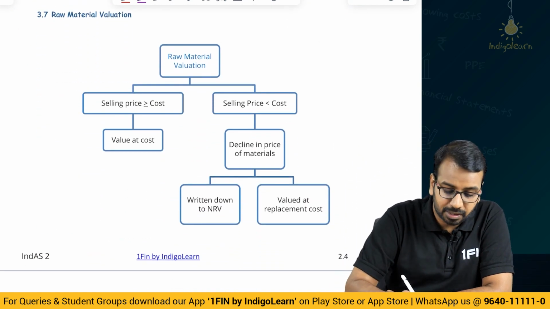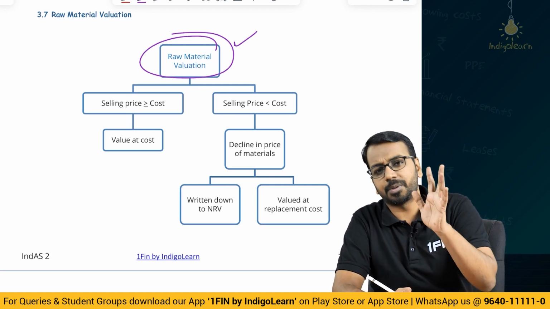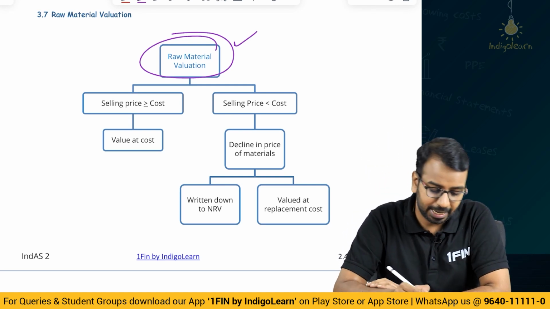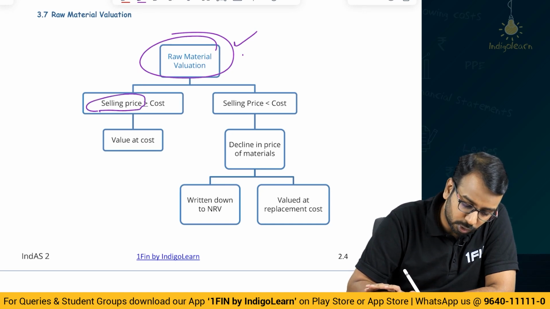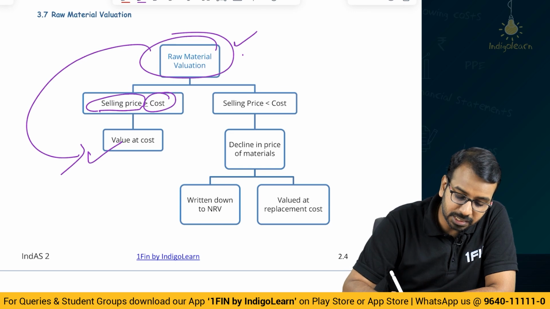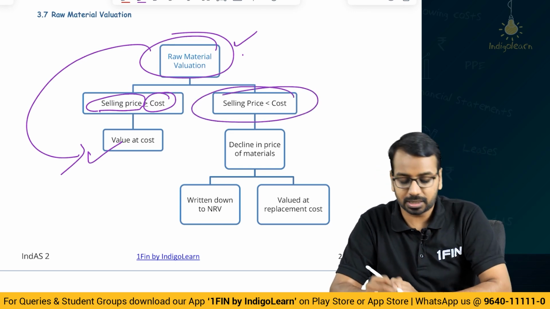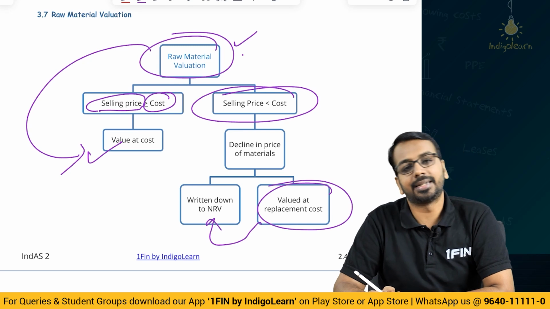Then when it comes to raw material valuation, whenever you get a question for inventory valuation, 100% they will ask for raw material valuation, and here very importantly, if the finished good selling price is more than the cost, raw material is valued at cost. But if the selling price of finished product is less than the cost, then you will value it at replacement cost, which is representative of the net realizable value.